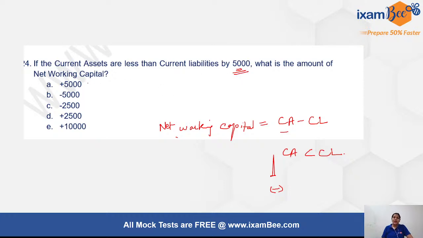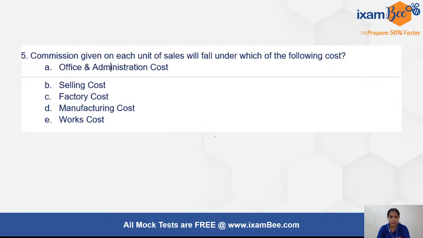The only thing I had to understand was whether it will be plus or minus. Here it will be minus, because my current assets in this question are less, so I will have a negative working capital. Okay, so the correct answer here is B, negative 5,000 rupees.